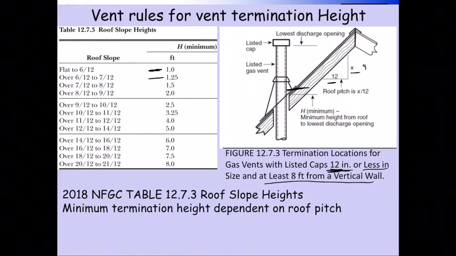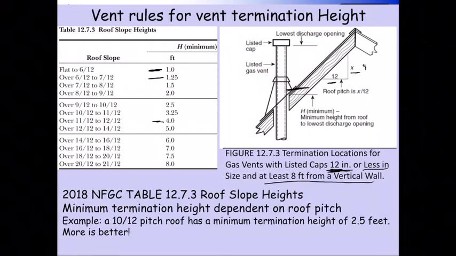That would be shown right here. That would be 1 foot. The higher you make it, the better you're going to be, to a point. If you go too high, then you've got to start putting guy wires on it. As you can see, the more slope, like in this case a 12/12 pitch, you could get by with as little as 4 feet of vertical height leaving the roof. Again, that's what you do for those types of vents.